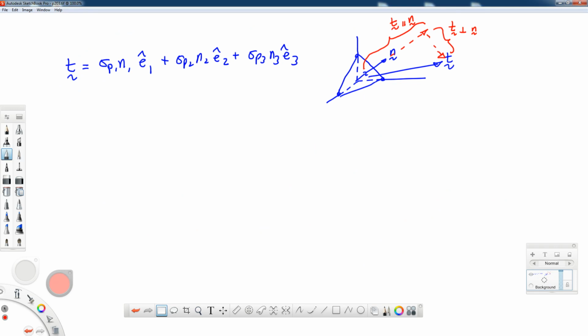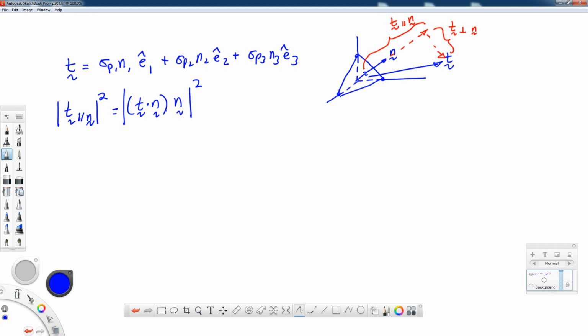If we want to do the math to find the magnitude of t parallel to n, the way we would write that is the magnitude of t parallel to n squared is equal to t dot n in the n direction. That's the vector, and we can square that magnitude.